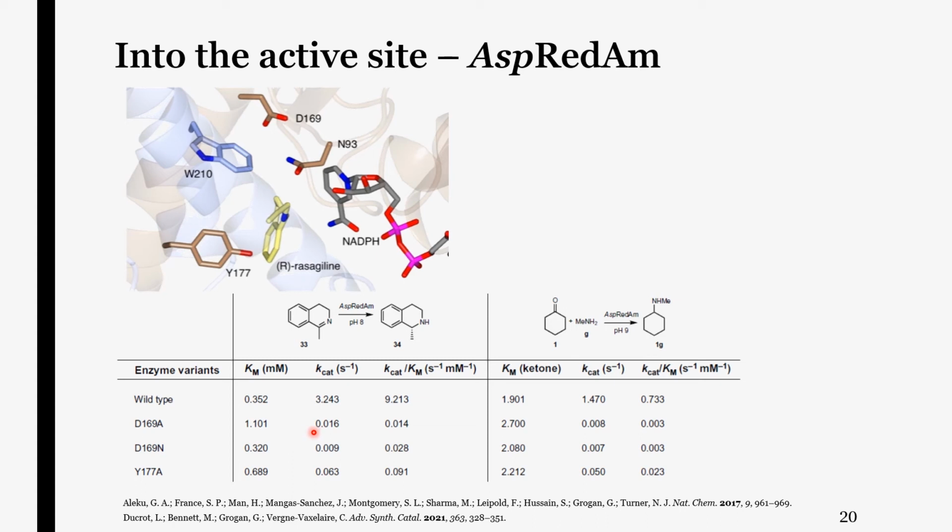And yeah, with this, they used different kinds of mutagenesis studies where they mutated the aspartate to alanine or the tyrosine as well, and they figured out that the activity of these variants was less prominent with the amine and carbonyl substrates compared to the wild type.